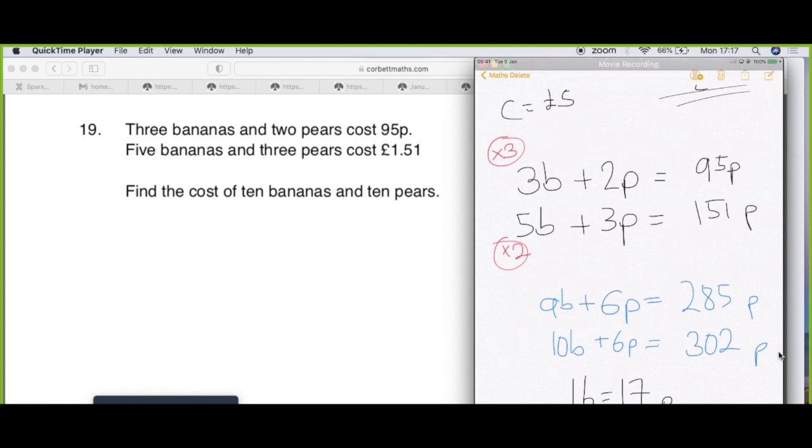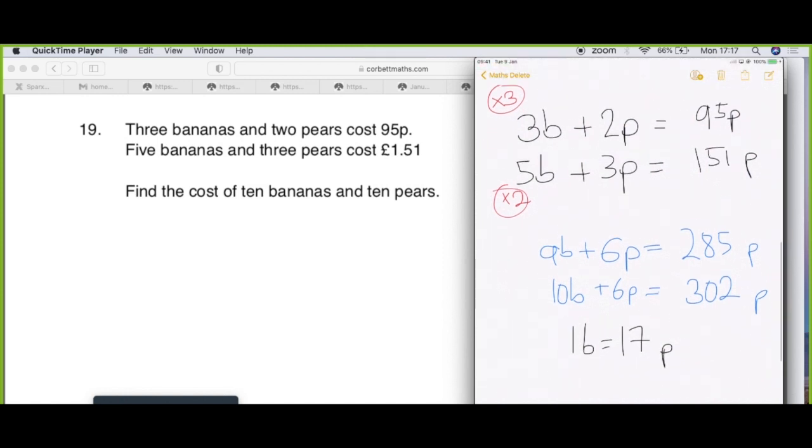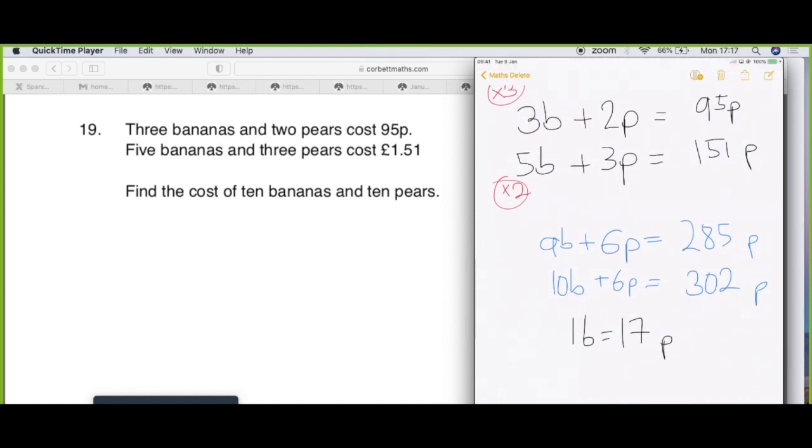But before we do that though, you've got to use this now to work out the cost of the pear. Can you try that? Yeah, how do we do that, please?